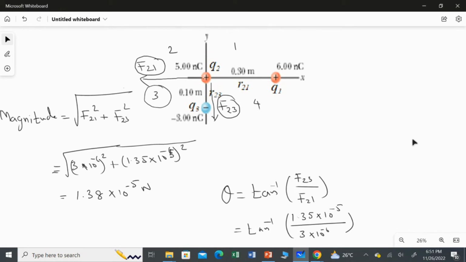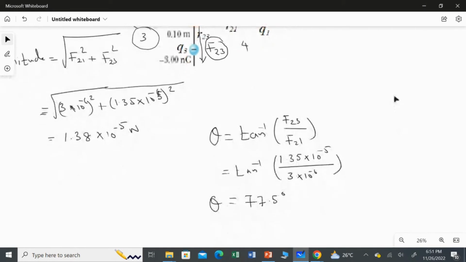So how to find the third quadrant value? Just add 180 with this number, so you will get the answer. Or if you don't need, just leave the number, at least mention the quadrant place. So the angle is exactly in the third quadrant. Clear?